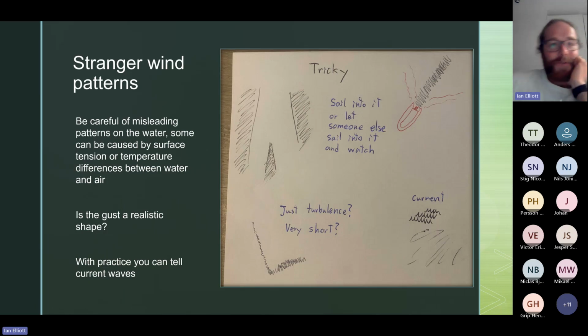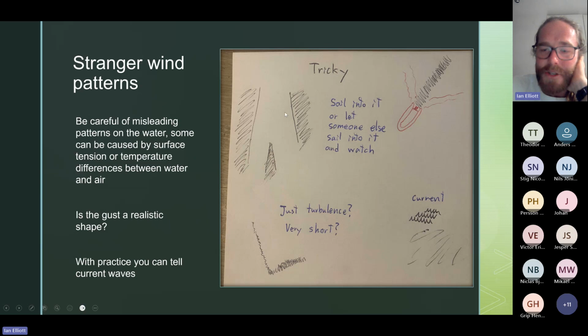Again, with the stranger wind patterns, you get these funny surface tension effects. We don't like to talk about them in strategy books because they're so weird. But sometimes what you see on the water doesn't reflect what's happening in the wind.